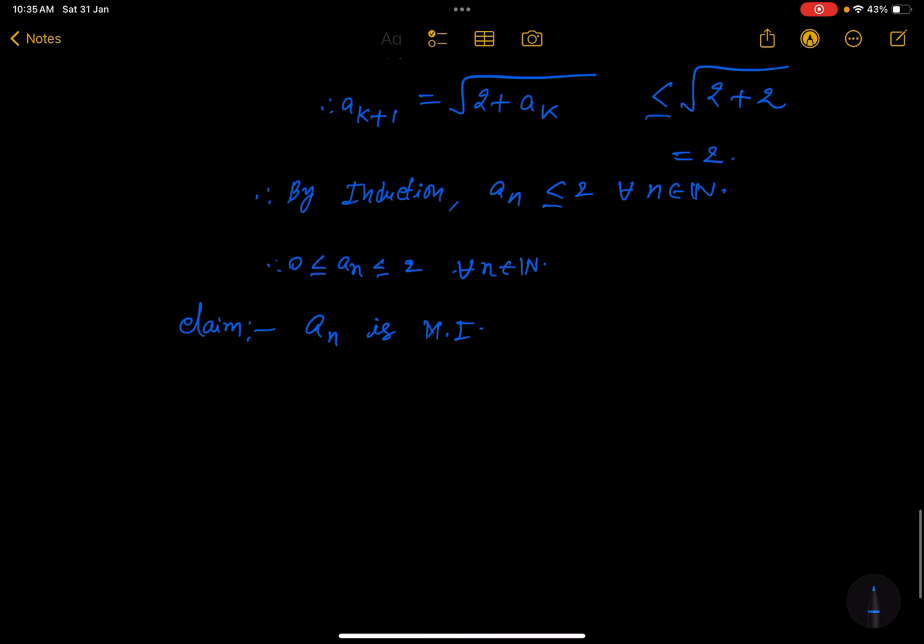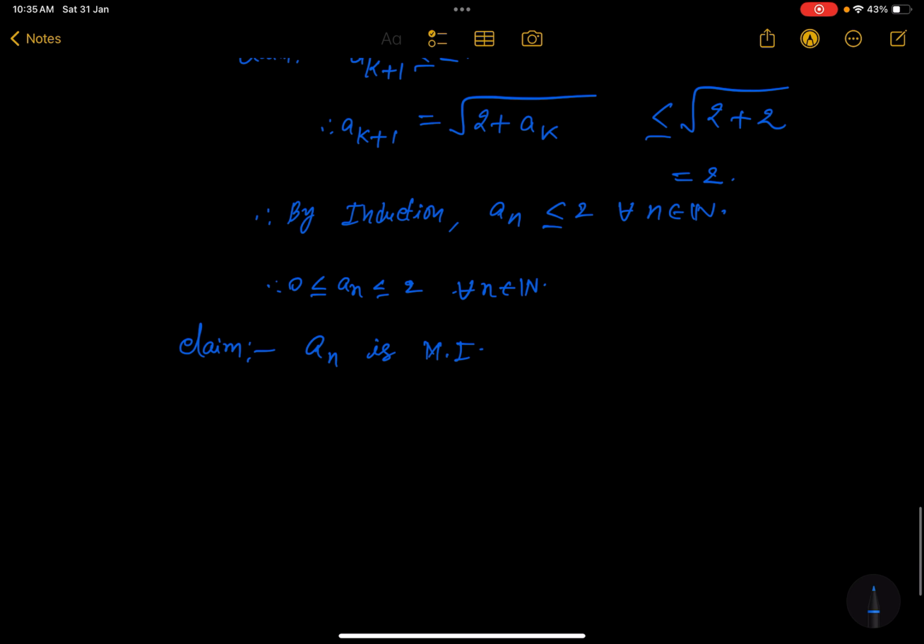Okay, so to prove this, I mean, this is not very difficult to check. Basically you have to prove that a_{n+1} is bigger than or equal to a_n for every natural number n.